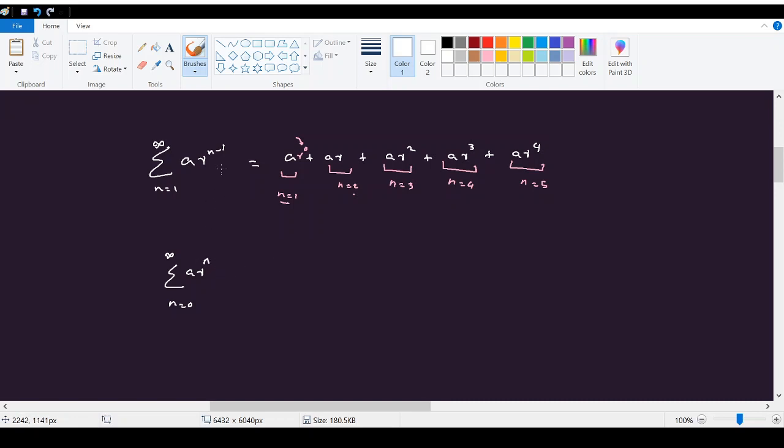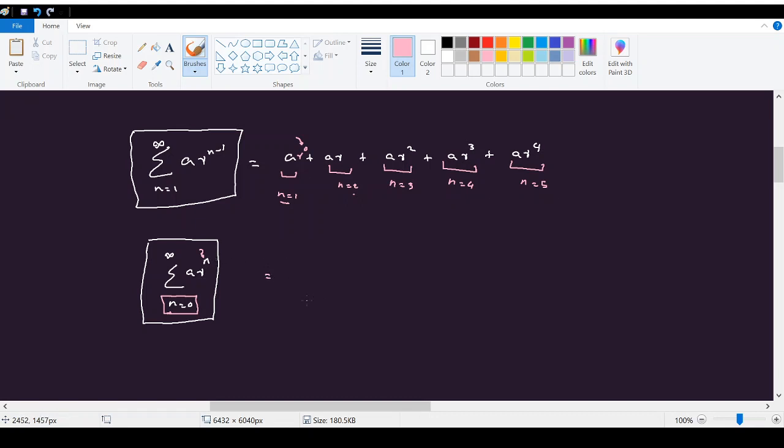So instead of writing the geometric series like this, we can rewrite the same thing like this. Here the difference is you are starting the series at n equals 0, and here you have r to the power n.